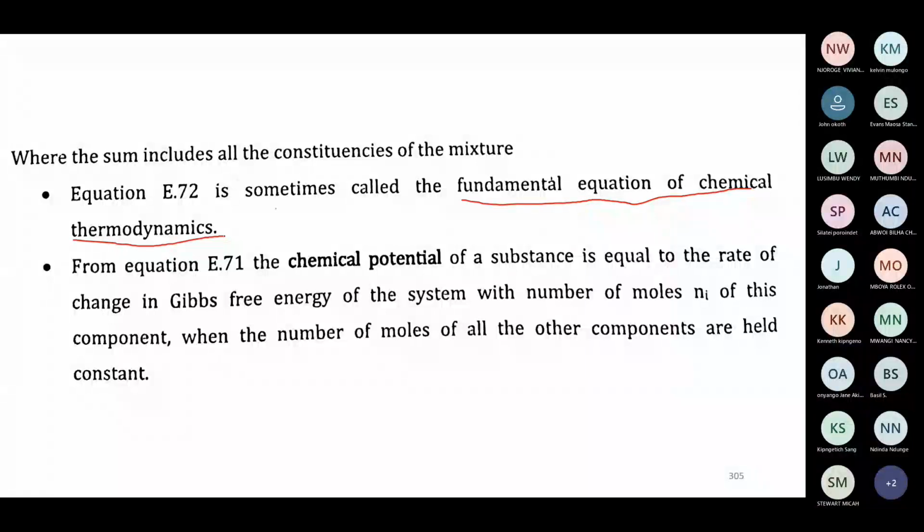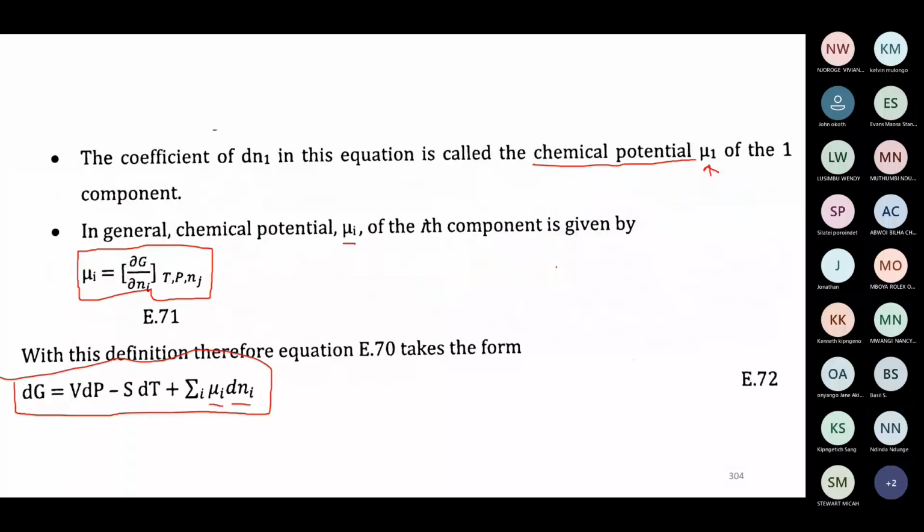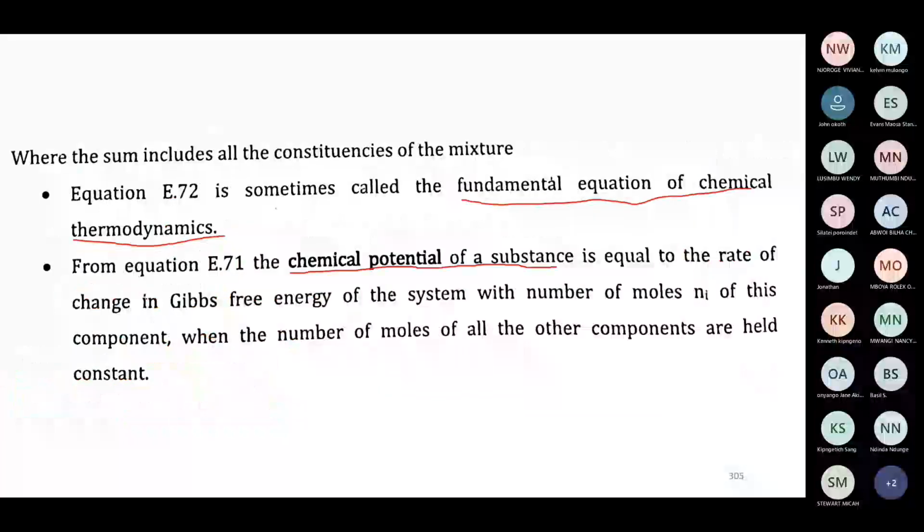So from this expression we can say that the chemical potential of a substance is given by the change in Gibbs free energy with respect to the change in the composition of that component, or the number of moles.